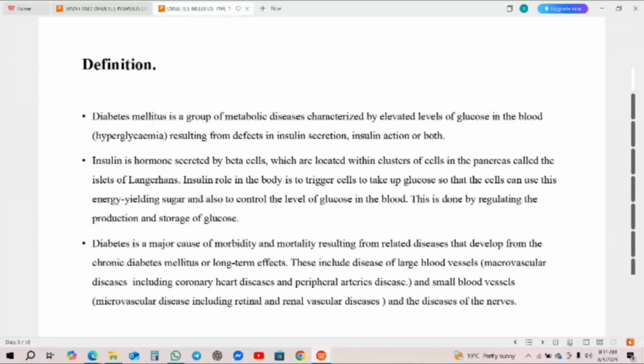Insulin is a hormone that works under the negative feedback mechanism, where when the level of glucose in the body is elevated, it is secreted by the beta cells of the pancreas. We have the alpha, beta, and delta cells. Insulin is produced by the beta cells to control the level of sugar in the blood.